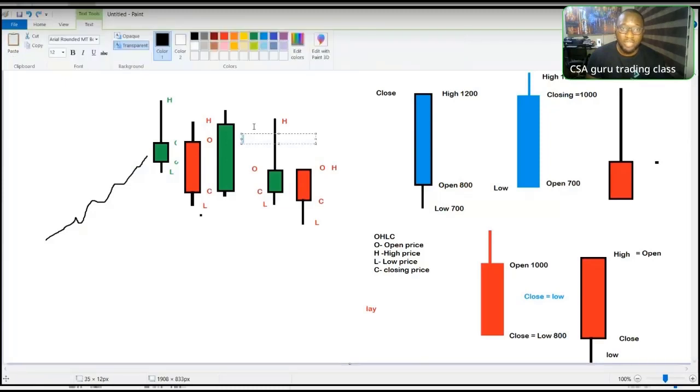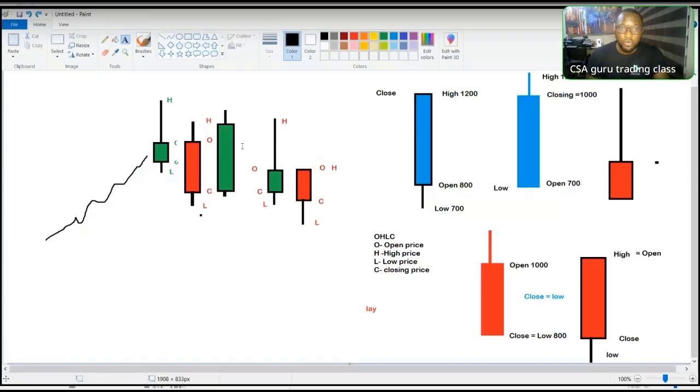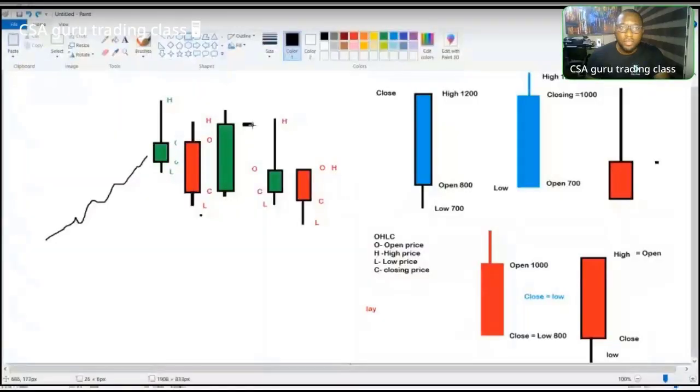I'm going to go to a chart to actually show you what we're talking about, right? So you can have the new opening from here. Let me say it opens from here, right? And we have a wick. So it rejects a bit, then the candle can actually still keep going upward.